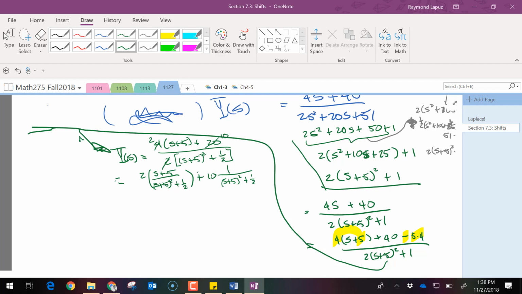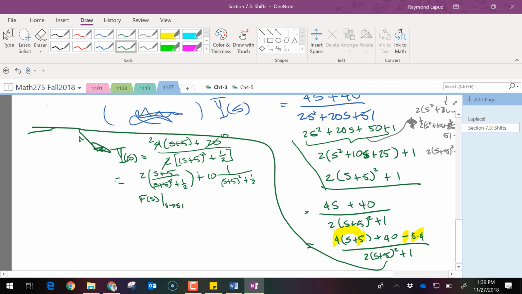All right. So we're done, almost. The only thing we need to do is realize what functions we're working with. There's going to be essentially a shift of -5. So this is going to be your f of s function for each of them, where s turned into s plus 5.